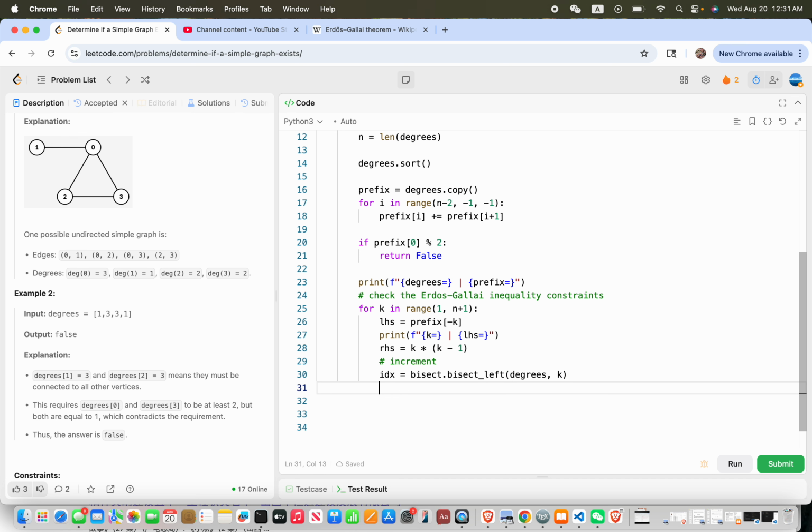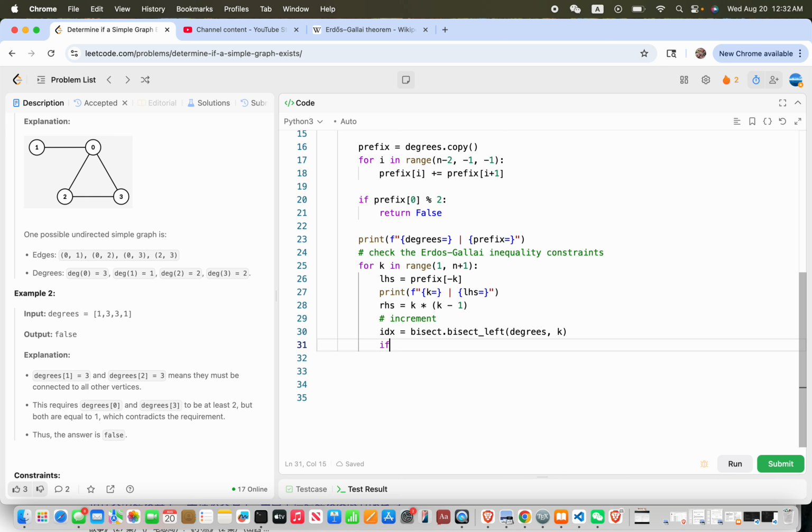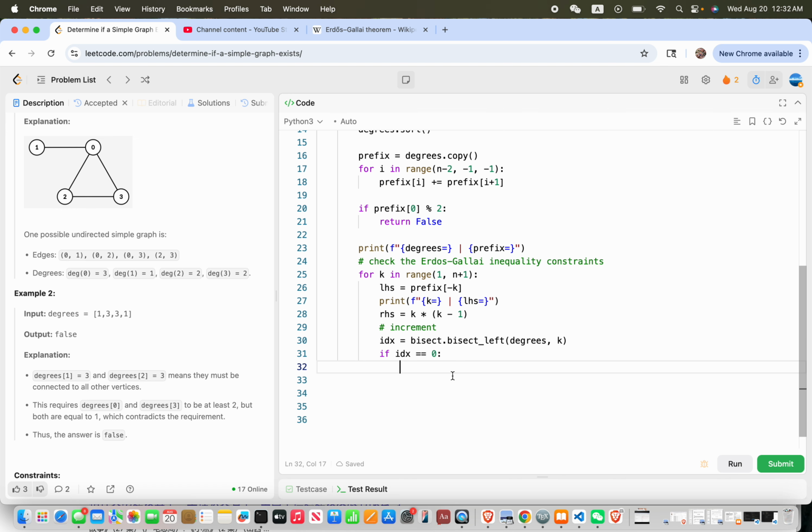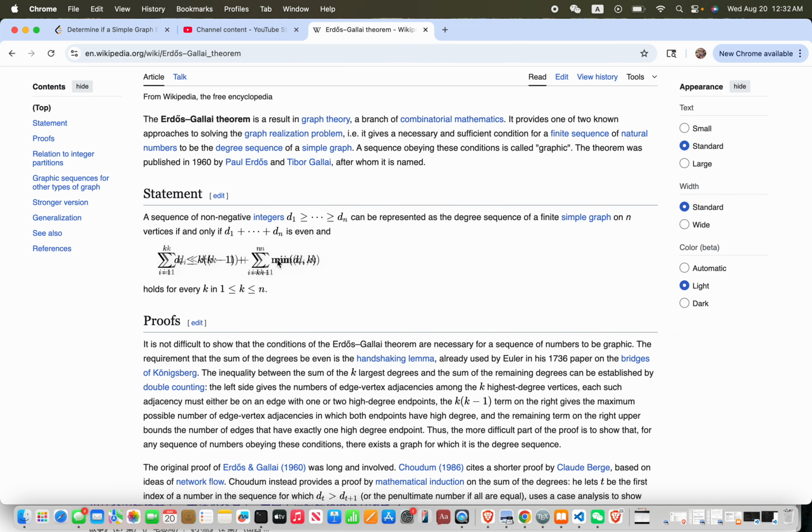And the key. Notice that to the left of this, there are idx terms which are less than this key, right? Because they are less than this key, we just need to do the summation. Let me consider different cases. First, idx is 0. It means that every element in the degrees is not smaller than k. In this case, this term is just the remaining summations of the di's, excluding the first k terms.